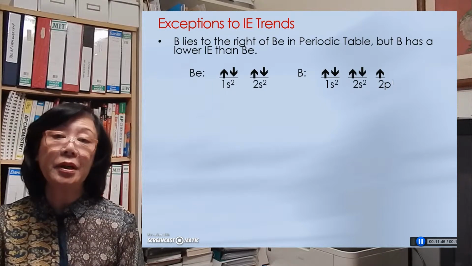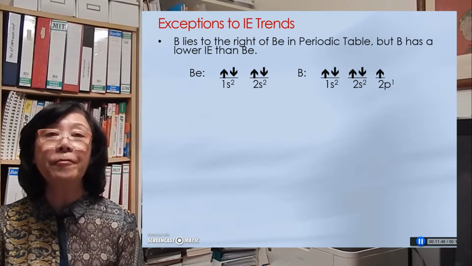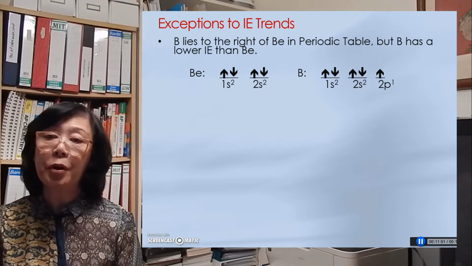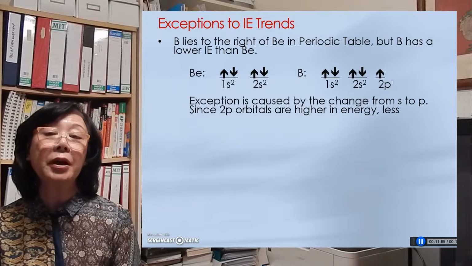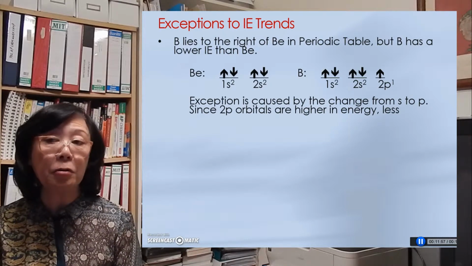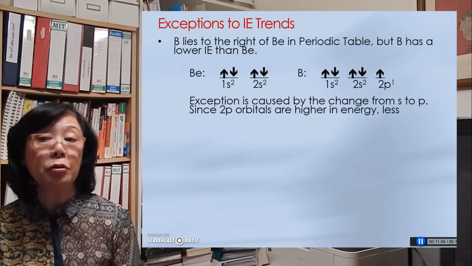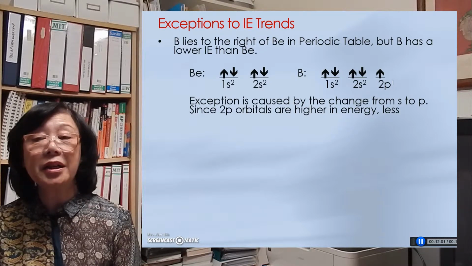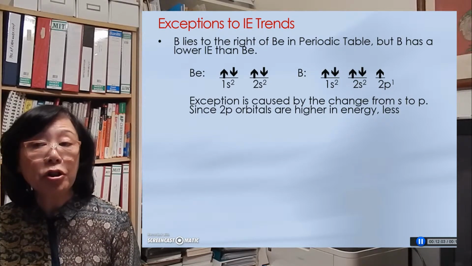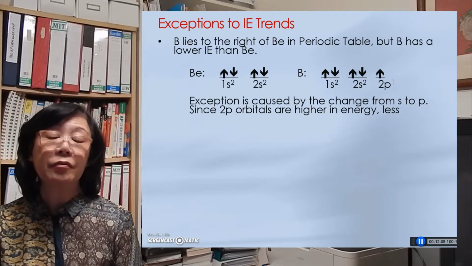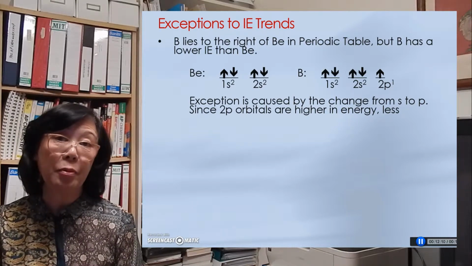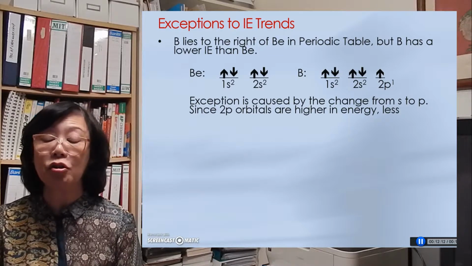Beryllium has 1s2, 2s2, fully filled 2s orbitals, whereas boron has 1s2, 2s2, and 2p1. Going from the fully filled s orbital to the new electron in the 2p1 creates extra repulsion and therefore lower ionization energy for boron. For beryllium, the 2s2 is very stable, requiring higher ionization energy.